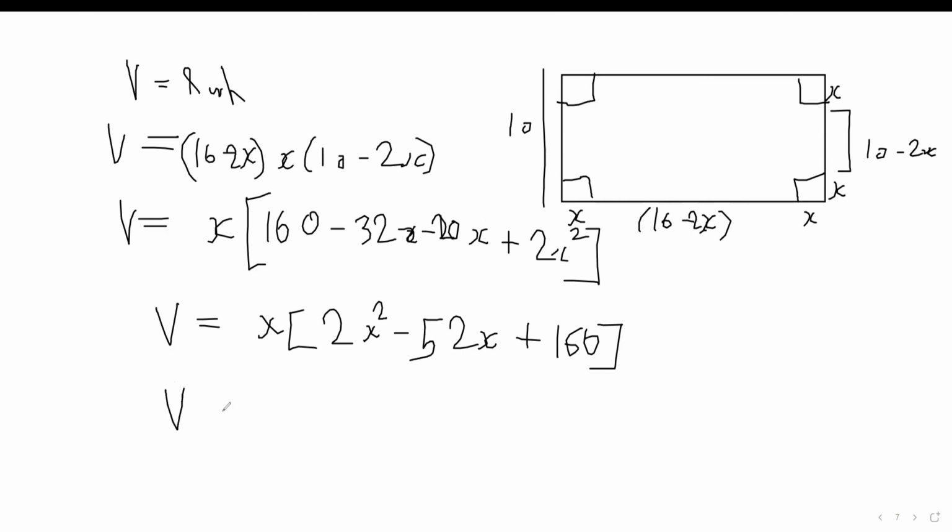And so the volume would end up being equal to x times, this is just 2x cubed. This times this is now minus 52x squared plus 160x. I know, this is not 52, I'm going to fix it, guys.